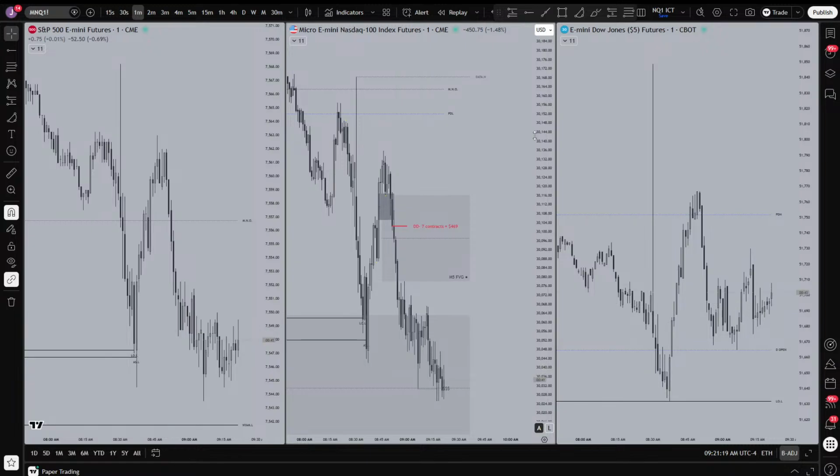I have all these drawings, but 735 is equilibrium of this entire daily leg up, which is relatively close to that NWOG fill. Honestly, I like that. And we have a daily CISD there with the NWOG as well. Yeah, a daily CISD, a daily breaker.